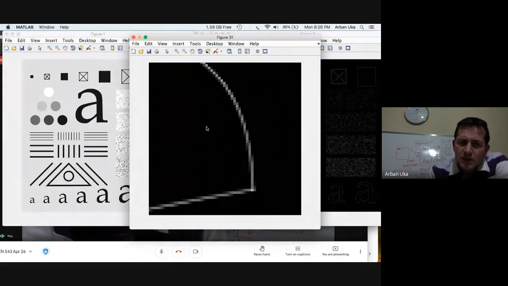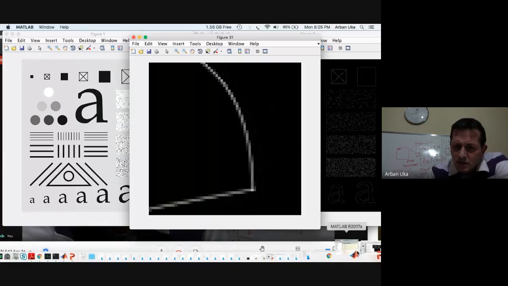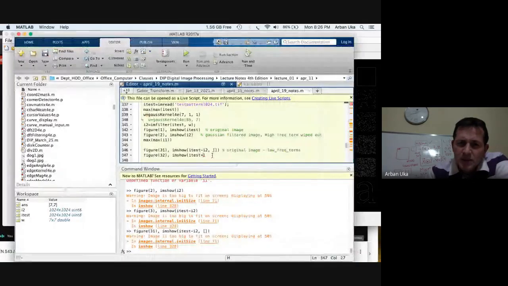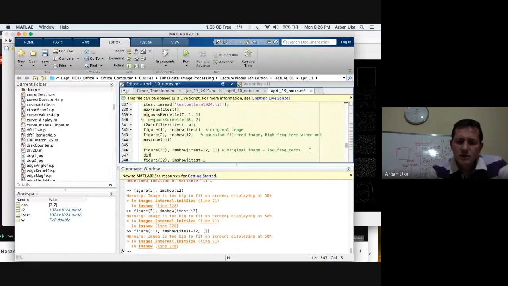If we add these two together, we might simply enhance the original image. And image enhancement is very, very important. For a moment, let's call this one difference, because this is I test minus I2. We find this, and then we add the difference here.